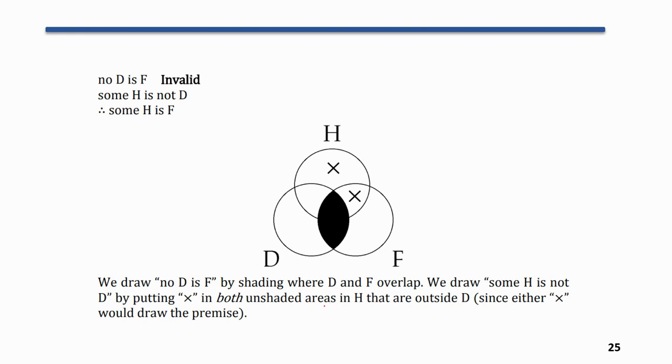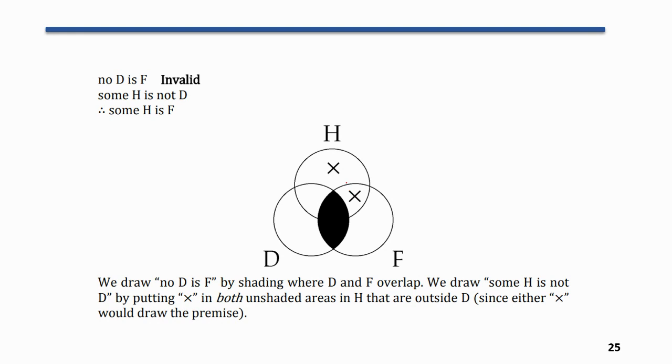So then what is the case between H and F? Some portions are shaded and some portions are crossed. So some H is F. If some H is F, then the rest of the portion should be crossed, but that is not the case here.